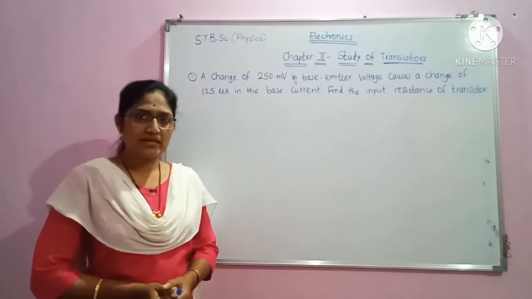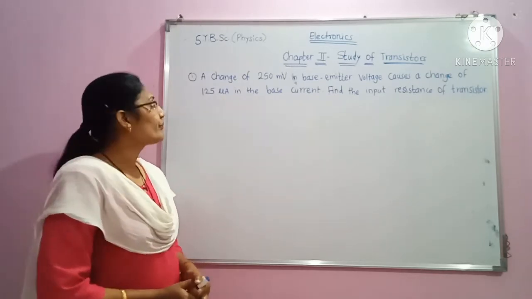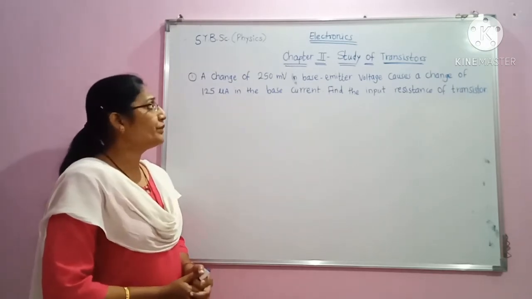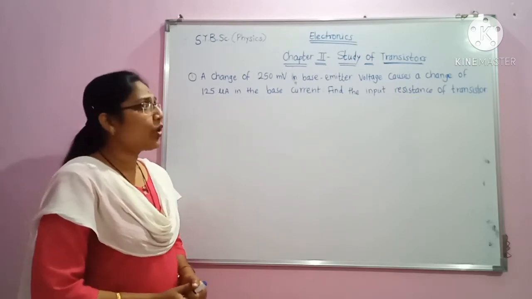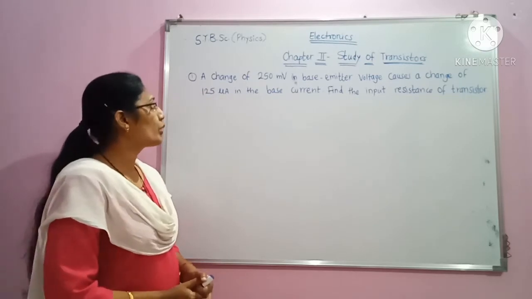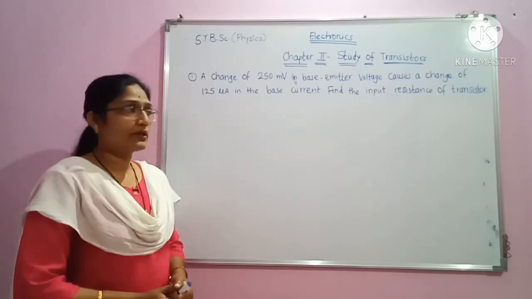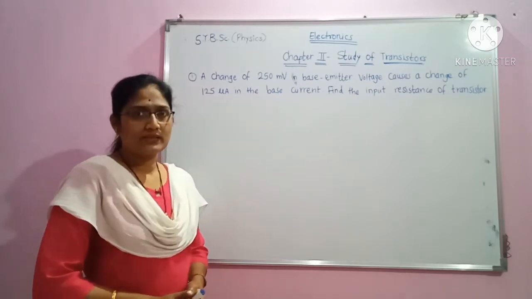Let's see the first example. A change of 250 millivolt in base emitter voltage causes a change of 125 microampere in the base current. Find the input resistance of the transistor.